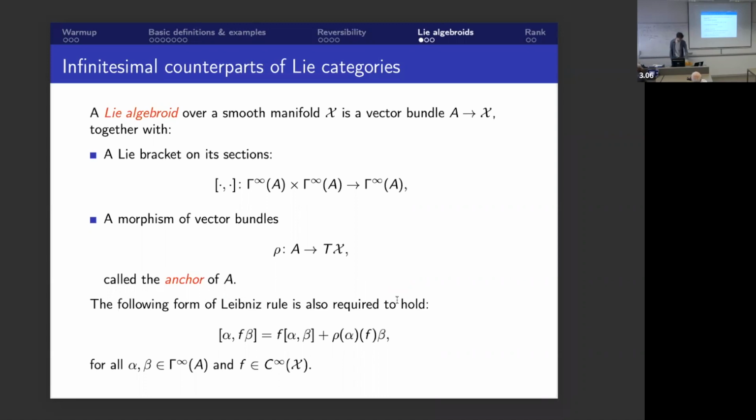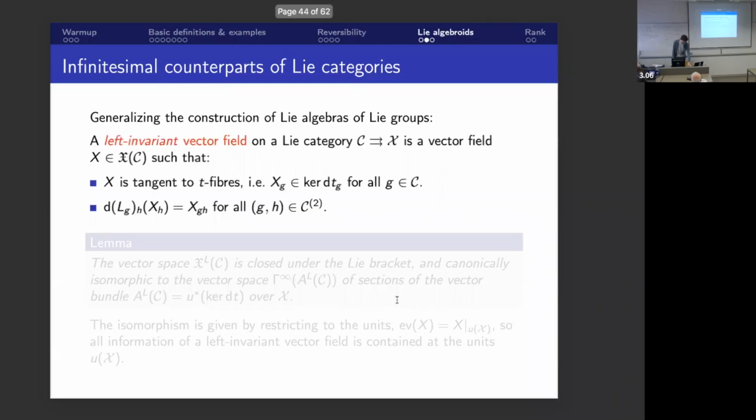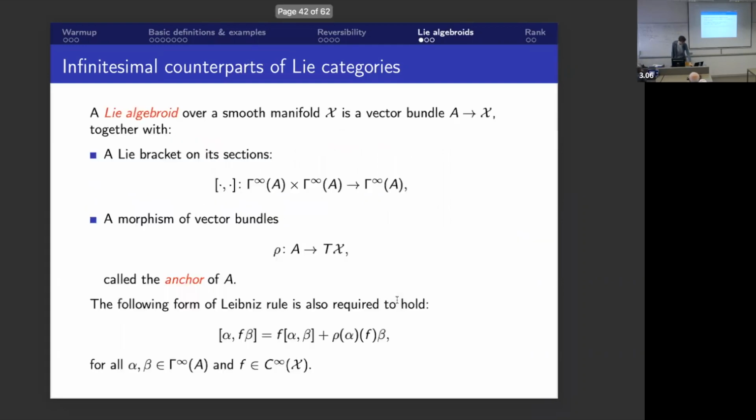Now let us carry this discussion to the construction of a Lie algebra of a Lie algebroid of a Lie category. So you can just return to the previous slide. Yes. So this anchor is something that is given.